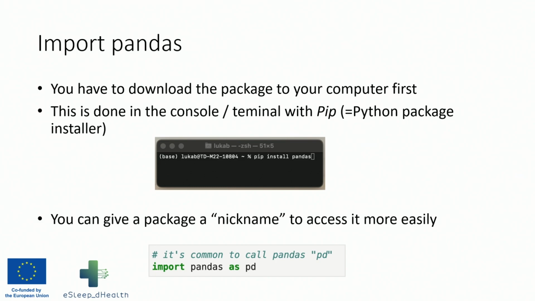And then once this package is installed, you can write within your Python notebook, import pandas, and usually we give those packages a nickname, just to access the package more quickly. The common nickname for pandas is pd. So we write import pandas as pd.